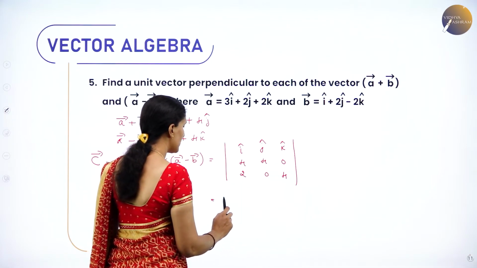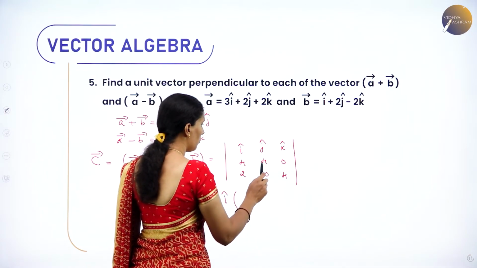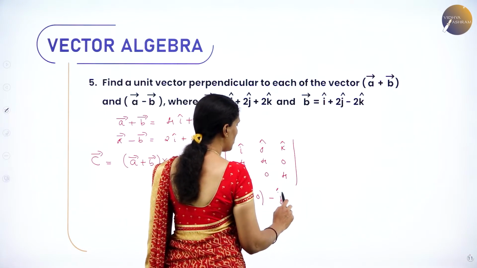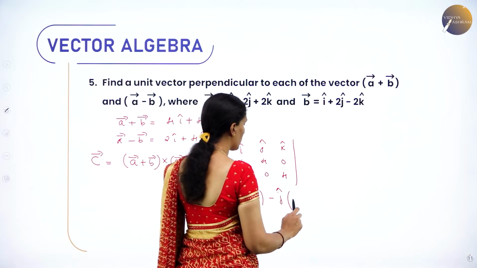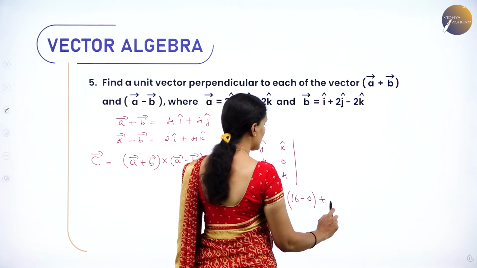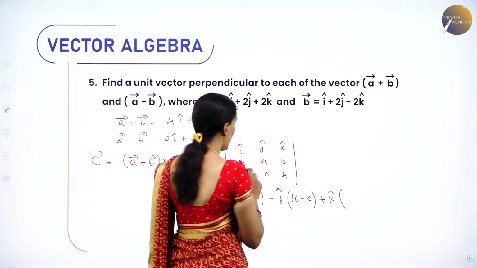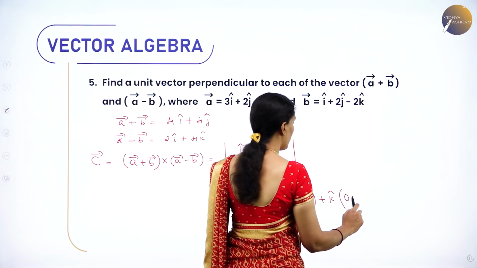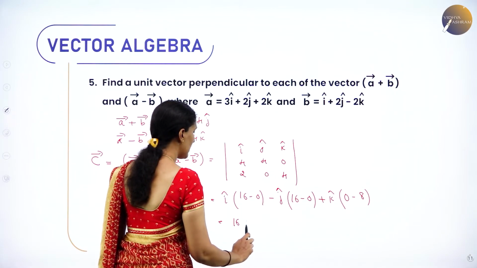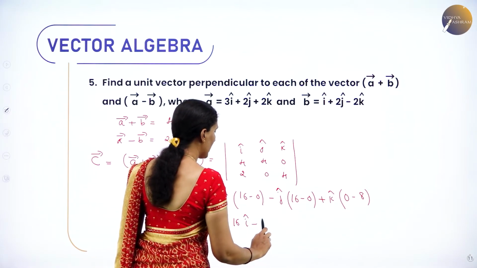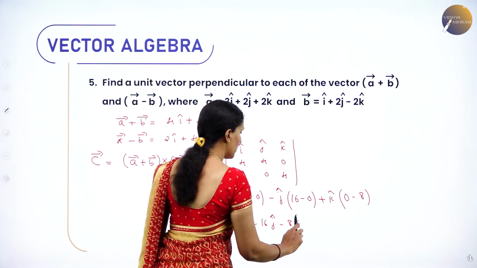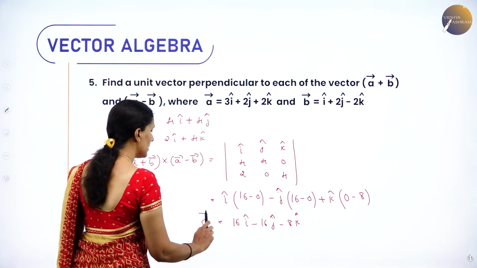Let us expand this. i, 4 fours are 16 minus 0. Minus j, 4 fours are again 16 minus 0. Plus k, the k component is 0 minus 8. So we have 16i minus 16j minus 8k. So this is our vector C.